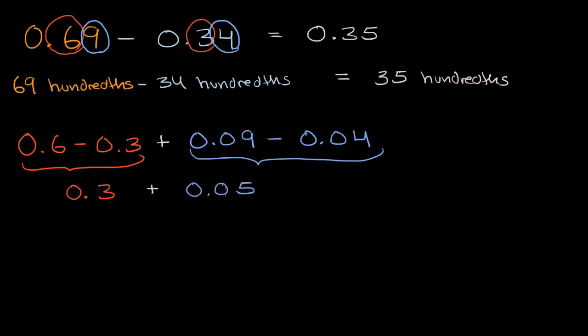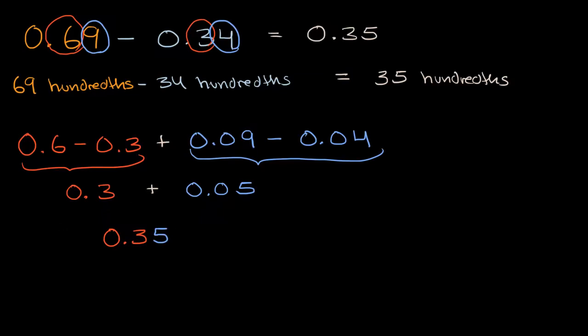So 3 tenths and 5 hundredths is going to be 35 hundredths. Or we could just write it this way: we have a 3 in the tenths place and 5 hundredths. Or we could view that as 35 hundredths. However way, these are different ways of thinking about subtracting these hundredths.